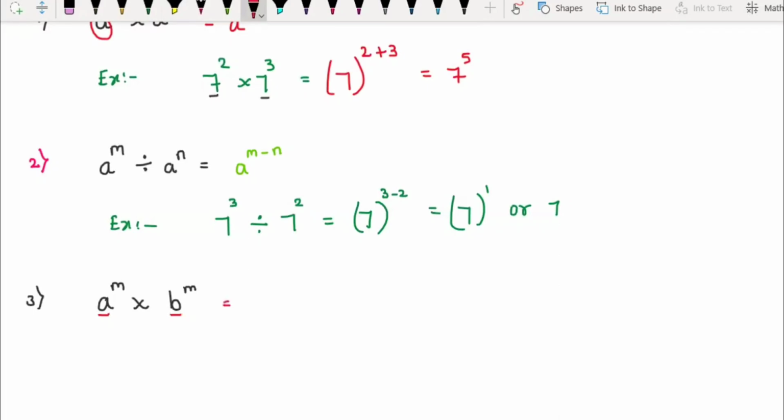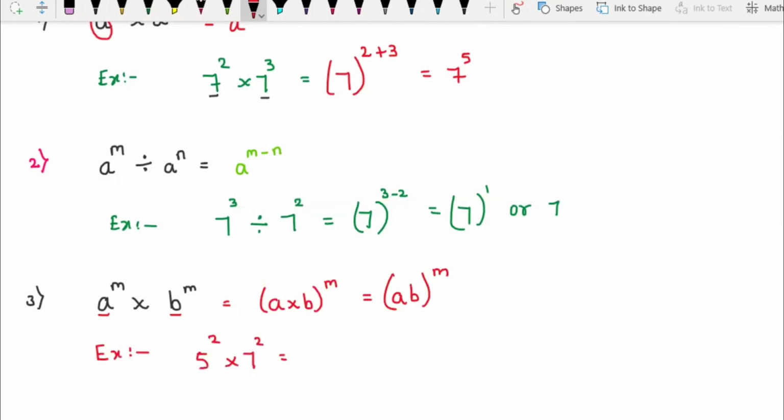So what does the law of exponent tell us to do? If the powers are similar, we can multiply our bases: a into b whole to the power of m, or you can write it as ab whole to the power of m. For an example, 5 square into 7 square.